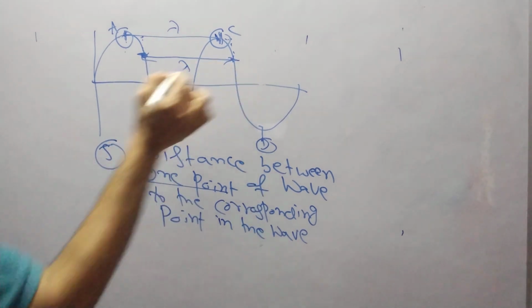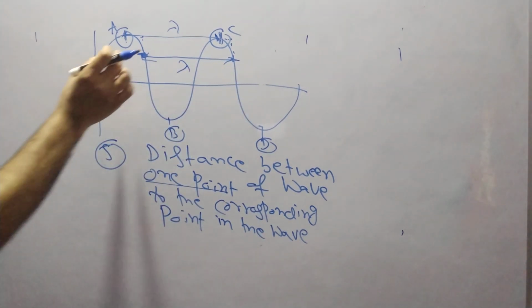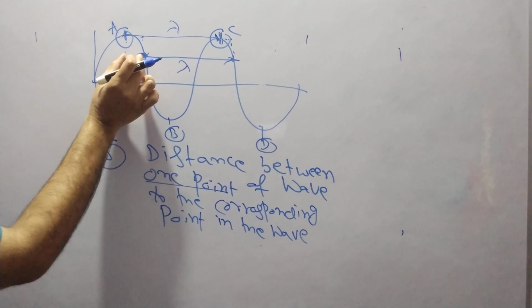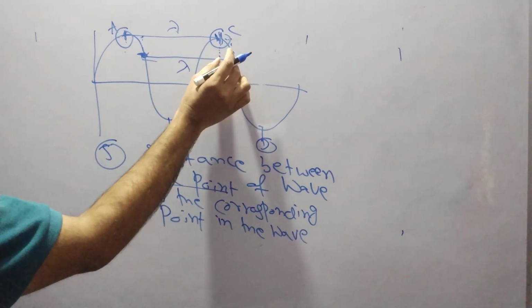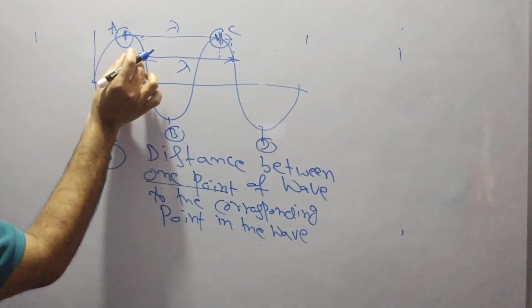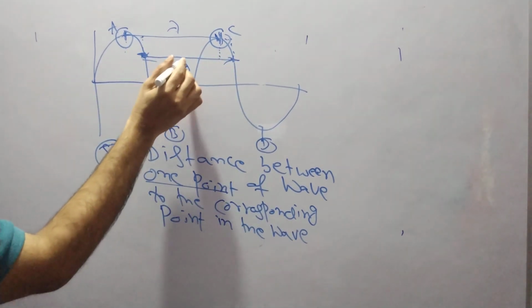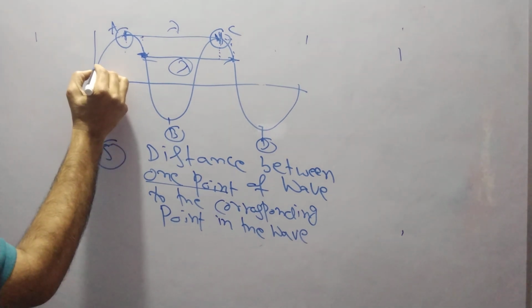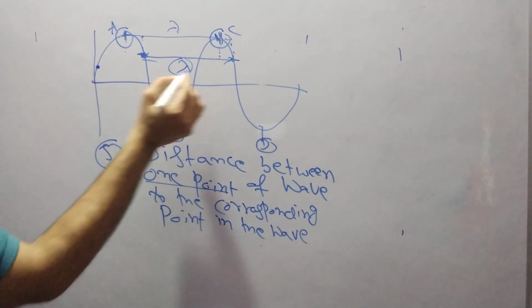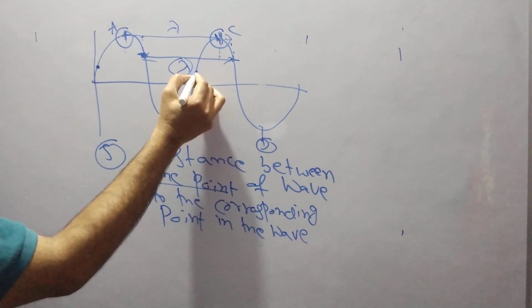So the distance which is subtracted here, we added here. Up to here is lambda. This distance added, this distance subtracted, so the distance is the same, hence it is known as lambda. Or if you take any point here, the corresponding point will be this one.